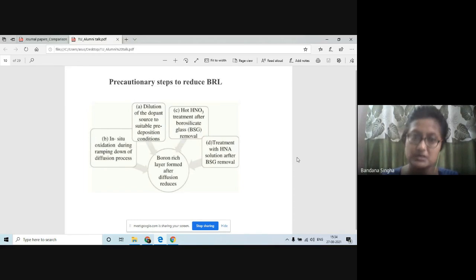The chemical oxidation step that is used is nitric acid treatment. When we use hot nitric acid, it forms boron oxides by reacting with the boron precipitates, which can later be removed by HF.